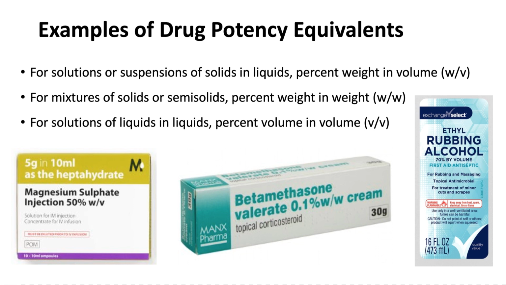And the other hallmark for a volume per volume, and these are not as common, but there are some drugs, some essential oils that are dispersed and diluted or are mixed with flavoring agents if it's an oral product. Or another classic example here is alcohol. So this is your rubbing alcohol, 70% ethyl alcohol. What do we mean by 70%? Well, 70 milliliters is actually pure alcohol out of 100 milliliters of this mixture.